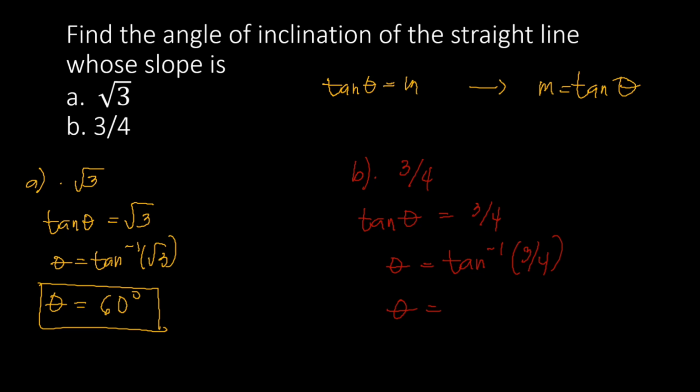Kunin lang natin yung nearest unit niya. So, 36.870 degrees yan. Or, pwede din naman natin gawing 37 degrees. Yung nearest unit yung kunin natin. So, the inclination of a line whose slope is 3/4 is 37 degrees.